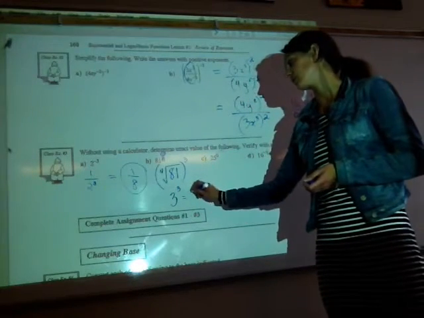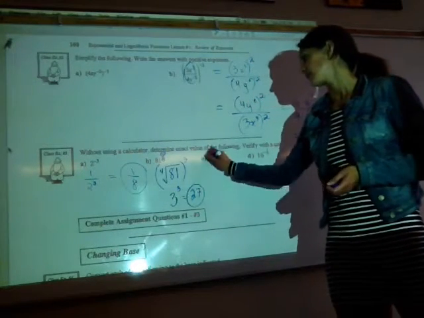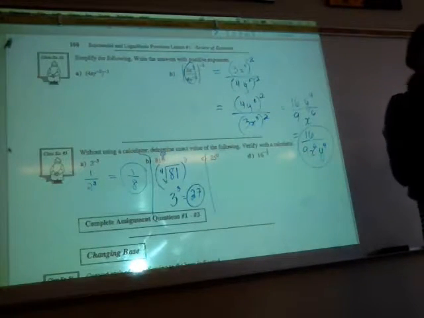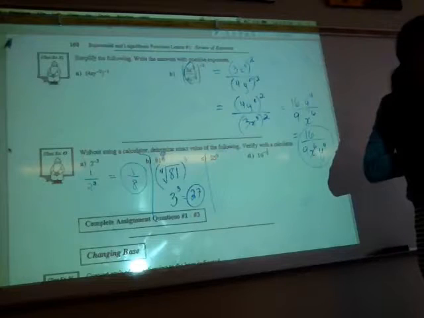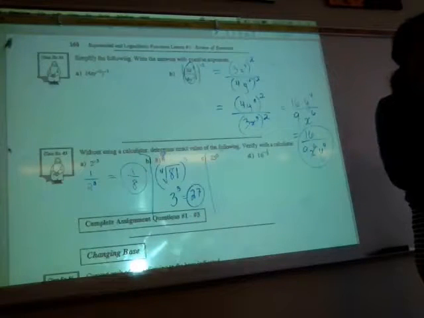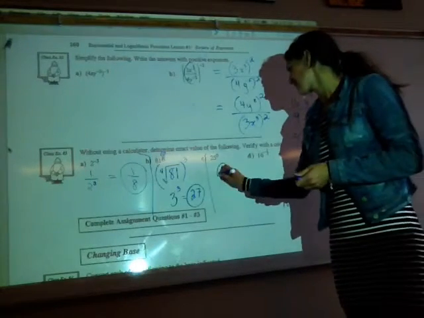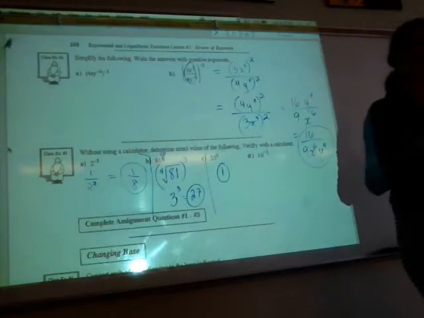So 3 cubed is 27. One thing we didn't talk about, this is review again from grade 10: anything to the power of 0 is what? 1. You guys are awesome. Anything to the power of 0 is 1.